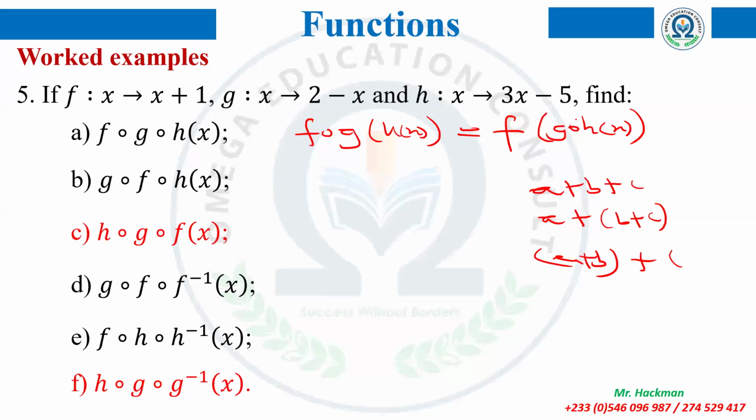So I can say that what I have here is also equal to f, and I feed it with j of h of x. Do you agree? Yes. You agree. So look at how we've been able to write one composite function.